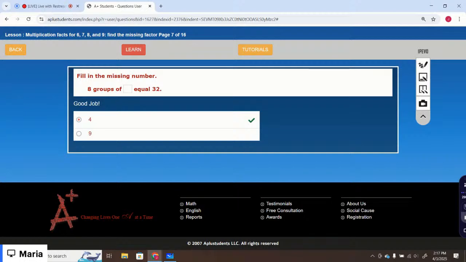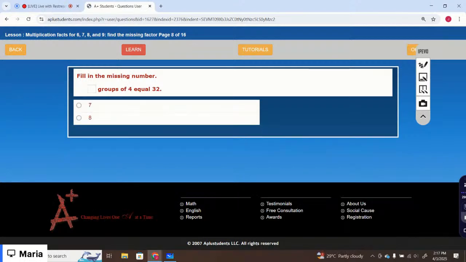Very good. How many groups of 4 equal 32? So which is the correct option? 4 times 8 is 32. The correct option is 8.